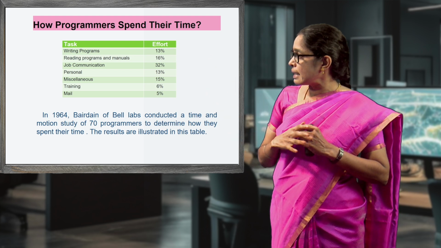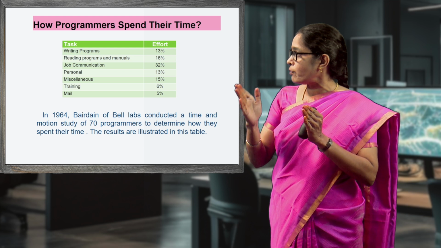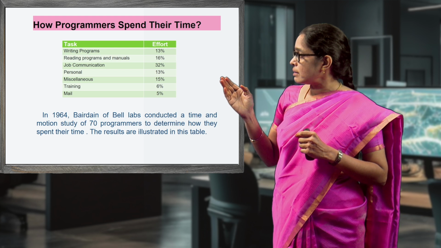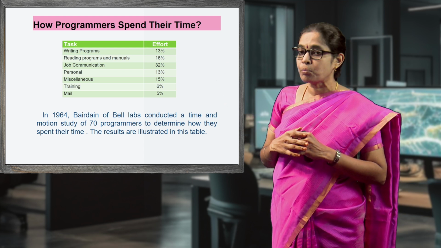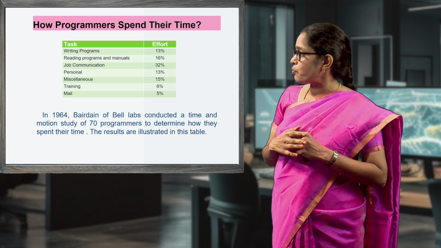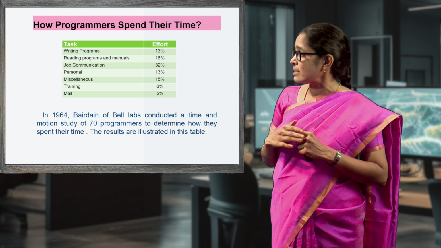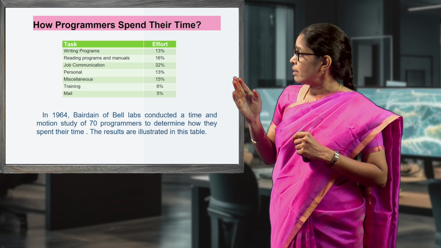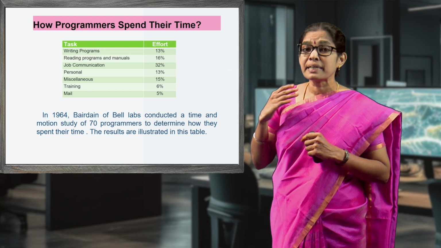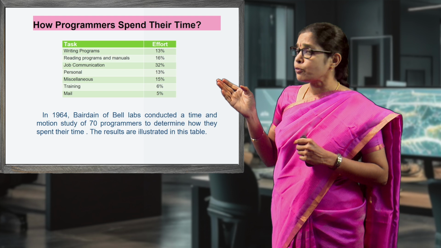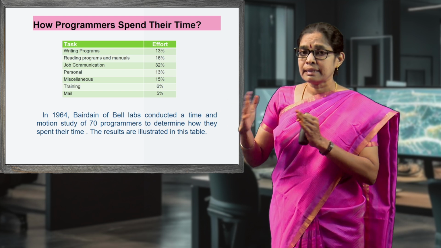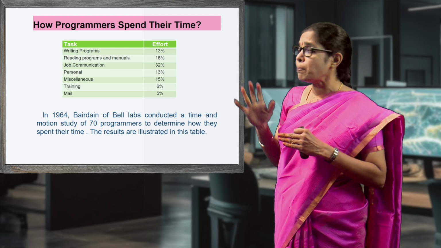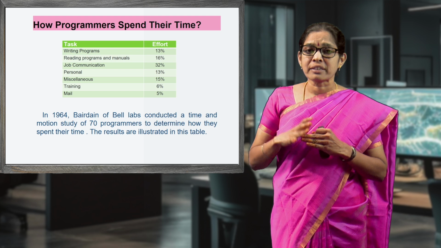The table represents the tasks and effort utilized during the software development life cycle. 13% is utilized for writing programs, 16% for reading programs and manuals, then 32% effort is taken for job communication, then 13% for personal work, then 15% for miscellaneous, other than the duty, then 6% spent for training manuals and 5% for spending time to check the mails.